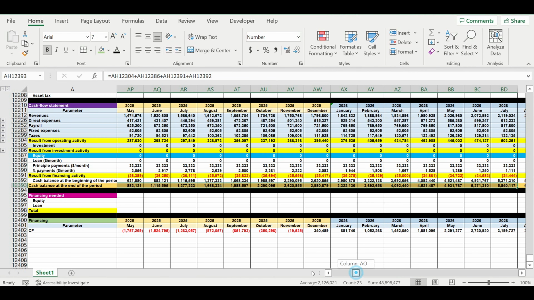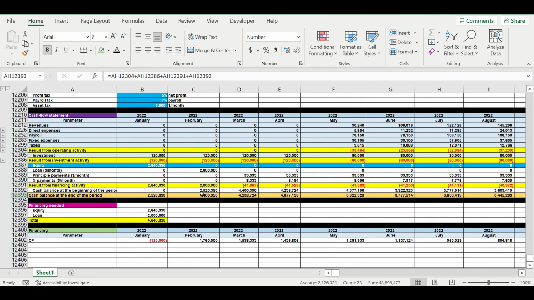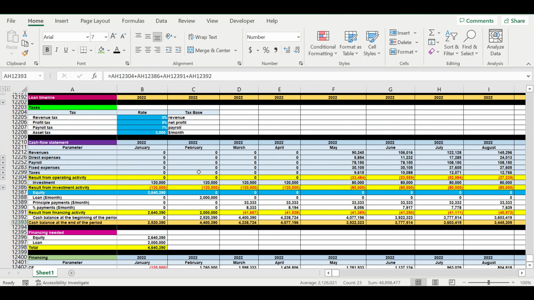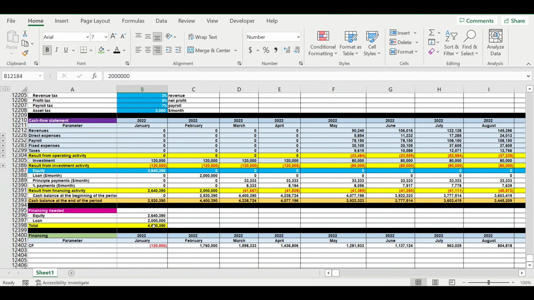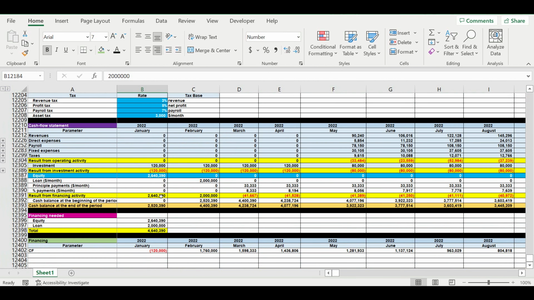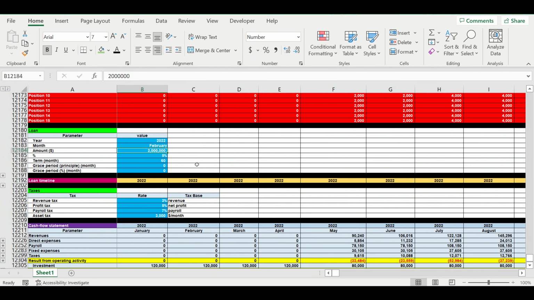For example, if I want to change the ratio between my own financing and the loan, for example, I want to take the total financing is 4.6. For example, I want to have a loan around 4 million.